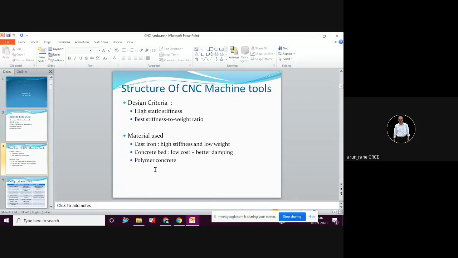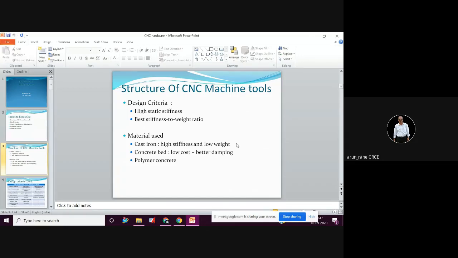So in all machine tools we always use cast iron, because cast iron has good damping characteristics, so it doesn't vibrate. The other advantage of cast iron is that it has a high stiffness to low weight ratio, meaning the bed doesn't weigh much.